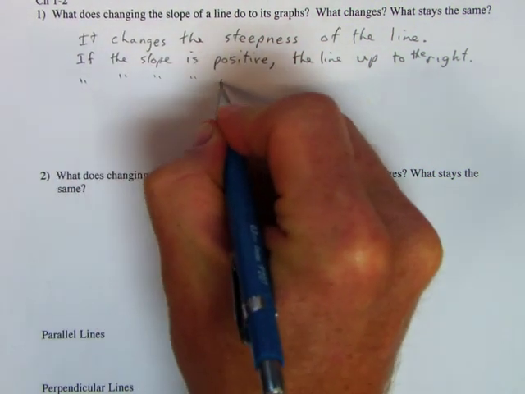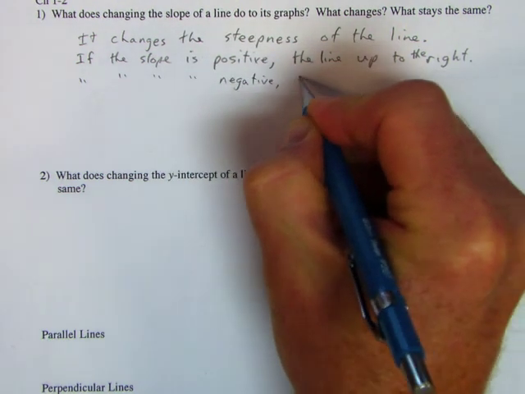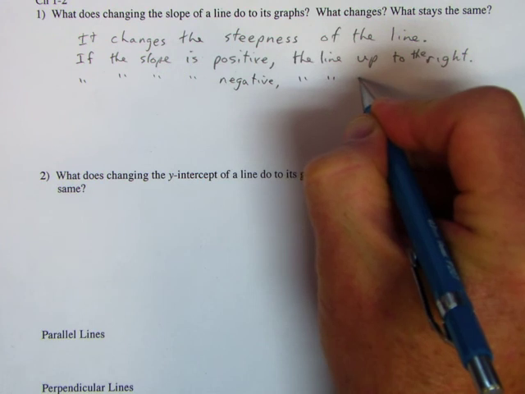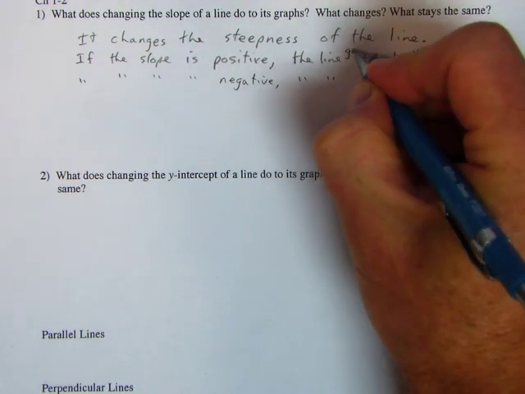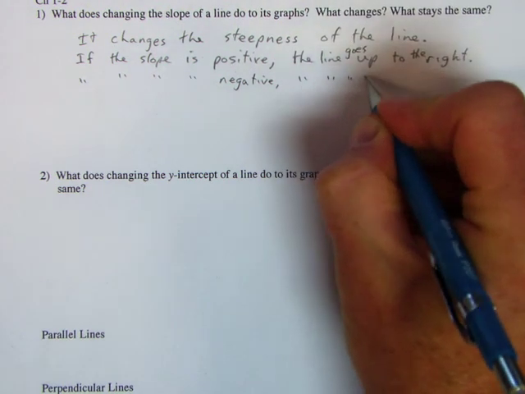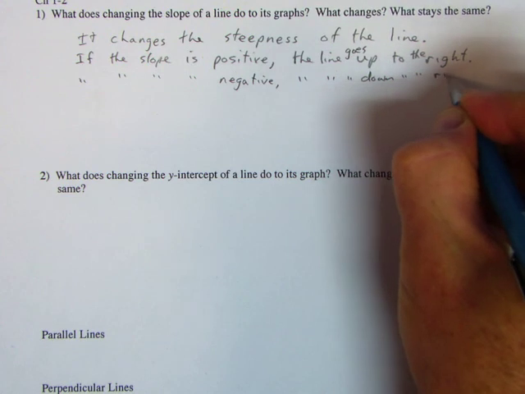the slope is negative, the line goes down to the right.